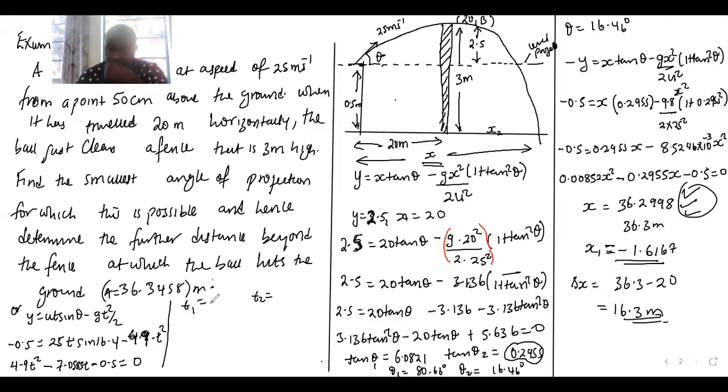1.508, and negative 0.8677. This one is discarded. X is got from u t cos theta. So this is going to be 25 times 1.508 times cosine of 16.46. What answer do we get?